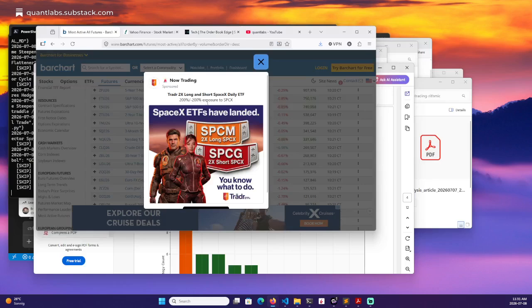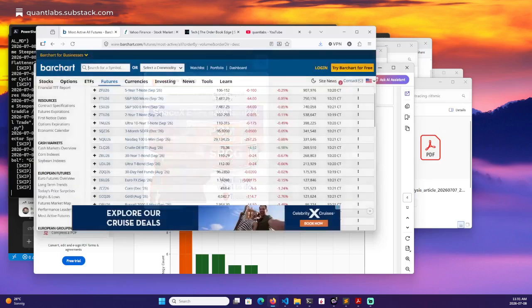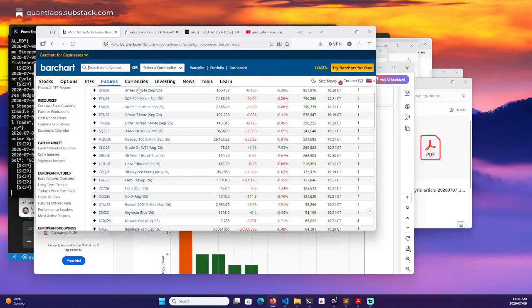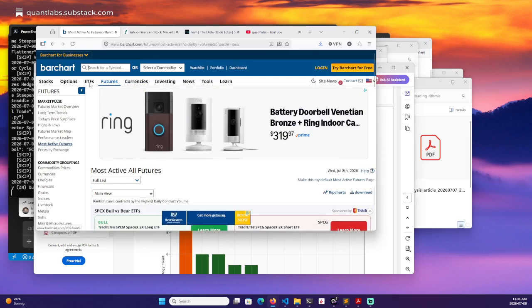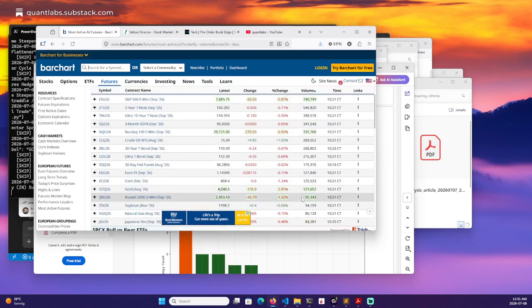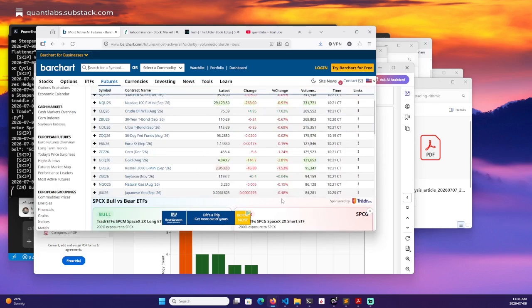What I've done, and everything I do is literally by accident, is go to Barchart and do a search for "barchart most active futures," and you'll come to this table. These are literally the most liquid right now.